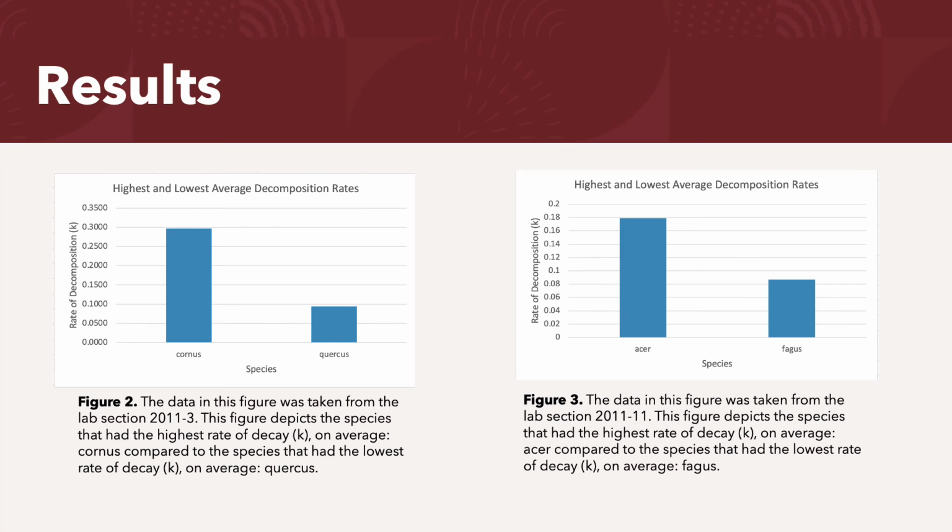As shown in Figure 3, which represents the results from the 20111 section, the Acer species had the highest rate of decomposition, and the Fagus species had the lowest rate of decomposition. These were compared using bar graphs, where the species is on the x-axis, and on the y-axis is the rate of decomposition.